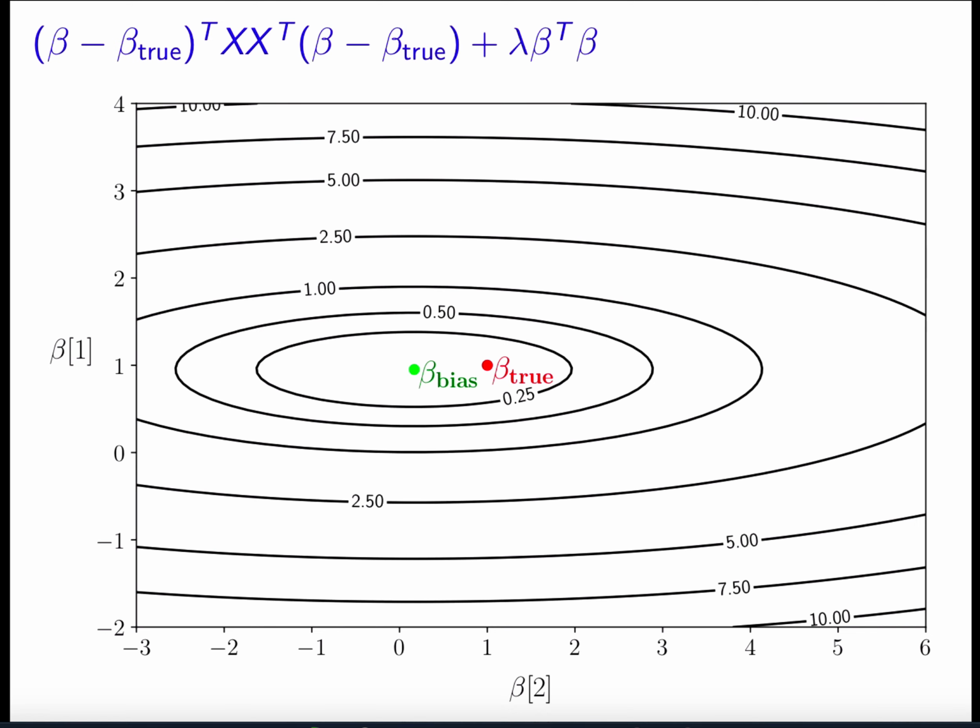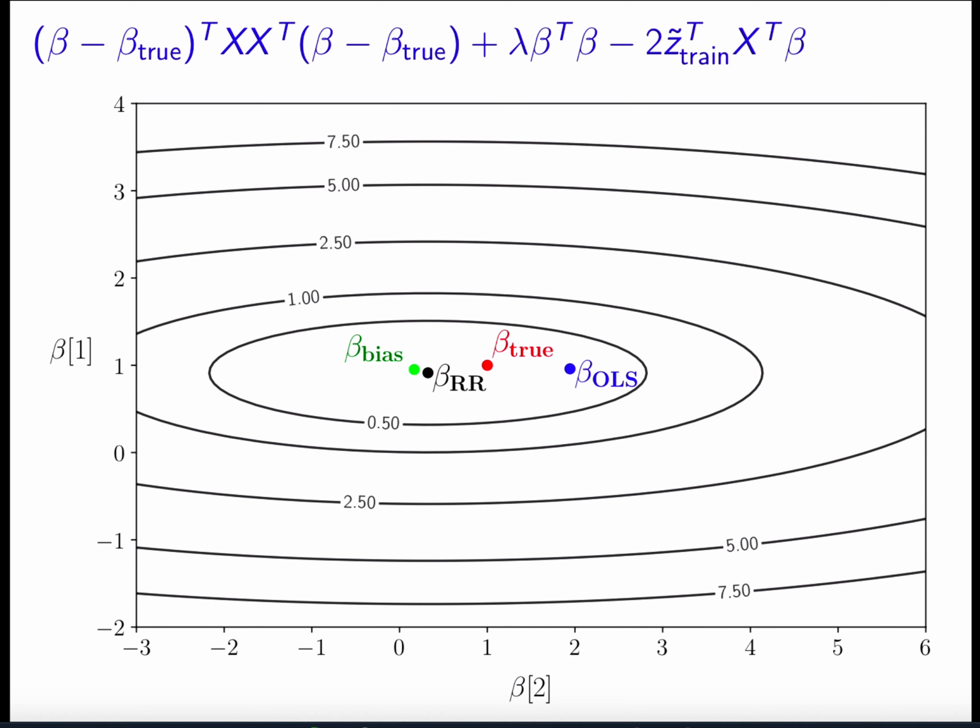When we sum two quadratics, you get a quadratic. Now this quadratic function is not centered at either 0 or at beta true. It's centered in between. We call this beta bias because, as we'll see in a moment, because of this combination, we're going to have a systematic error in the coefficient estimate of ridge regression because we have added this term.